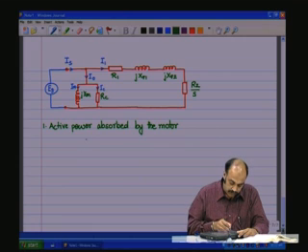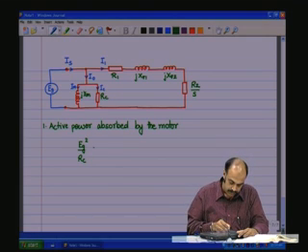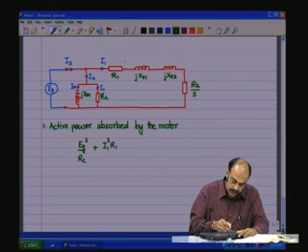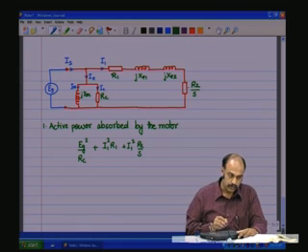So the active power absorbed by the motor is Eg square by Rc, that is the core loss component, plus I1 square R1, that is the loss in this resistance, plus I1 square R2 by S, that is the one which goes to the load.